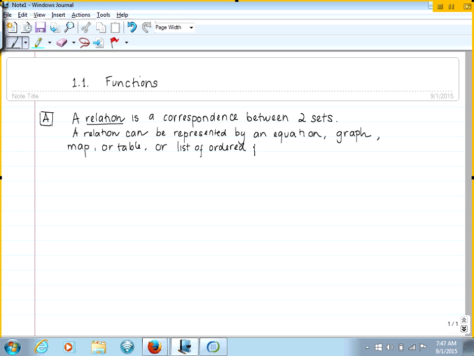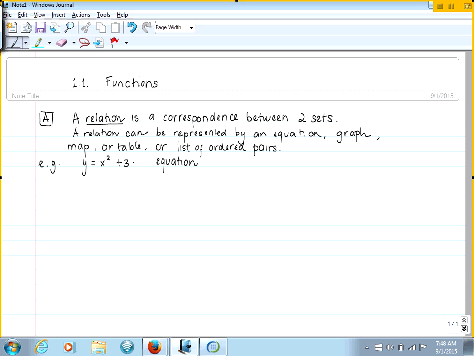You've seen this before, I'm very sure. Venn diagram, etc. This is an example of an equation, y equals x squared plus 3. This is a relation represented as an equation.